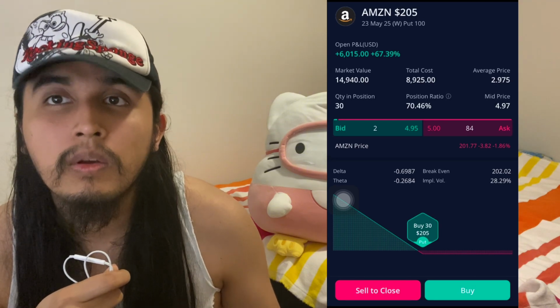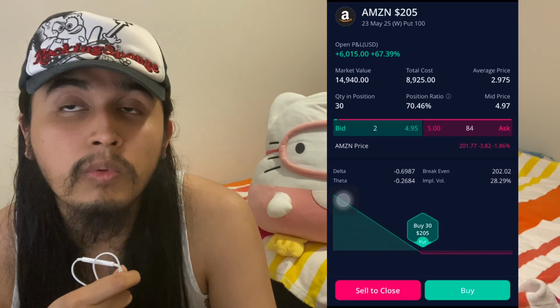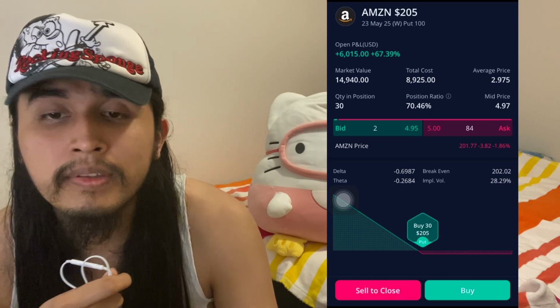Usually, instead of short-term options, I'll try to do long-term options, so options that expire in a month or two months.